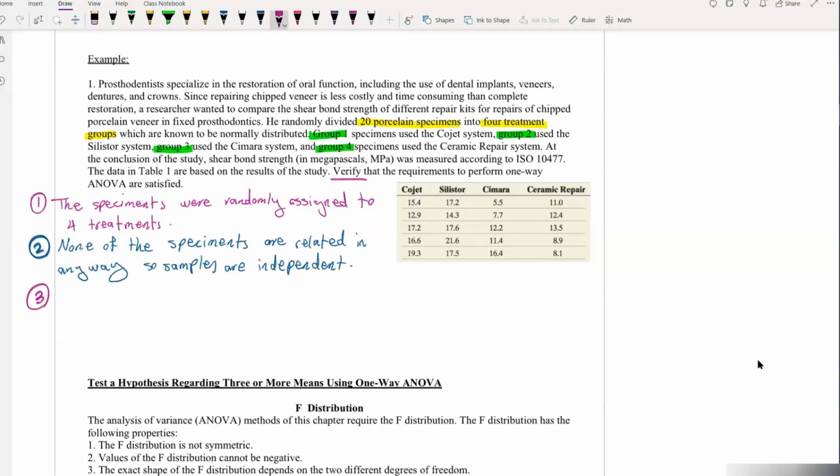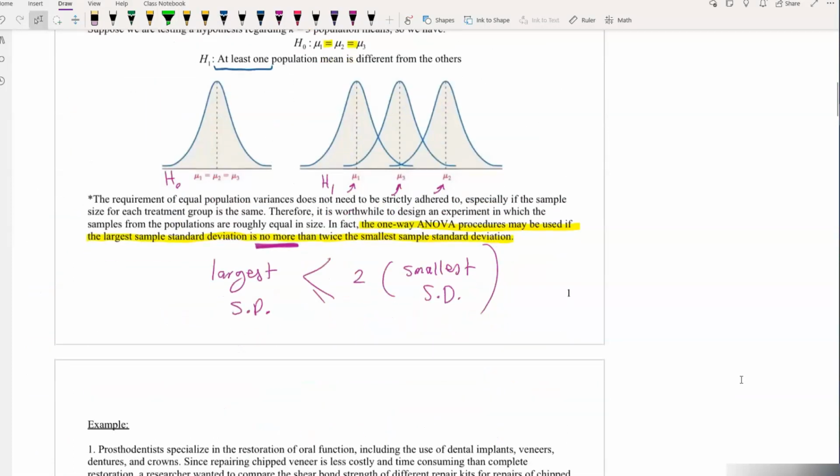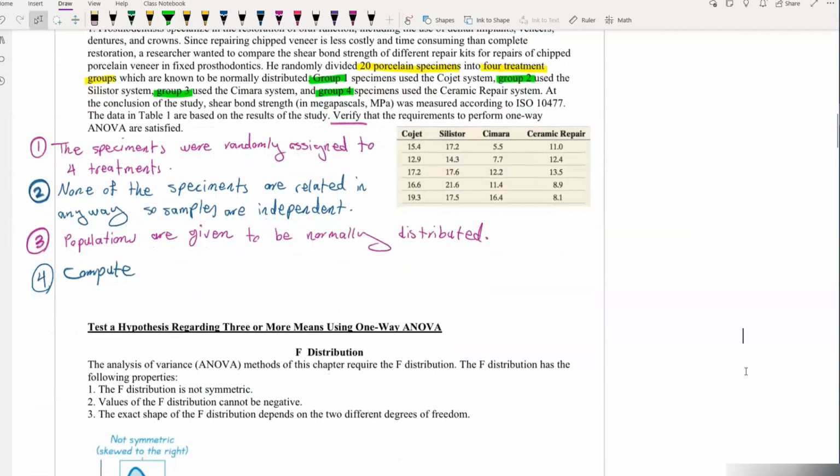Number 3, we should have normally distributed populations. And number 4, we should have the same variance. So we have to compute standard deviations.